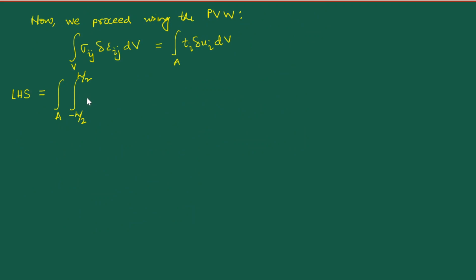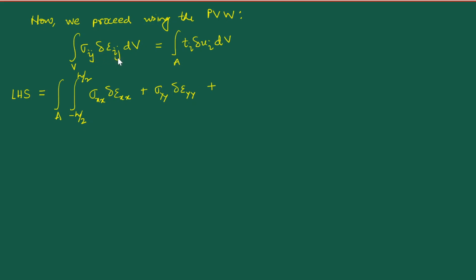Now, when I expand this term, what I will obtain is sigma xx delta epsilon xx plus sigma yy delta epsilon yy plus, and here I will obtain two terms, sigma xy delta epsilon xy plus sigma yx delta epsilon yx.